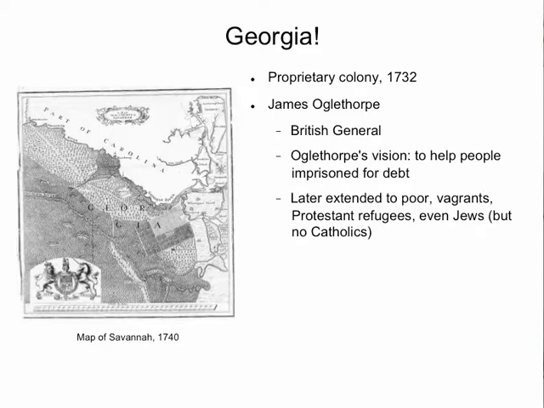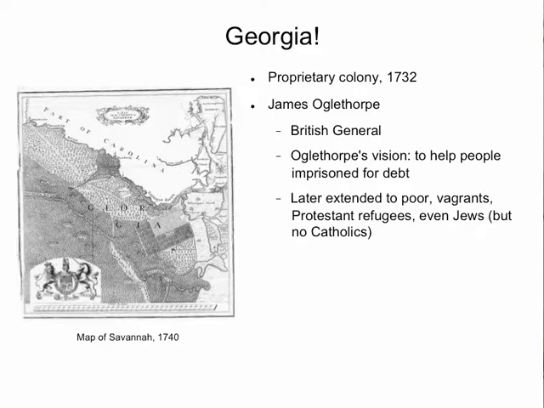And so Oglethorpe became concerned about the debtors in debtors' prison in Britain, and he helped to produce this report on the problem. And while he was engaged in this, he became convinced that something needed to be done to give debtors a second chance, to help them to get a clean slate and make a new start in life.